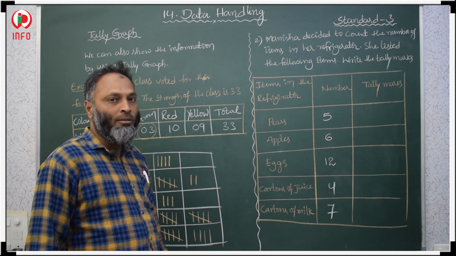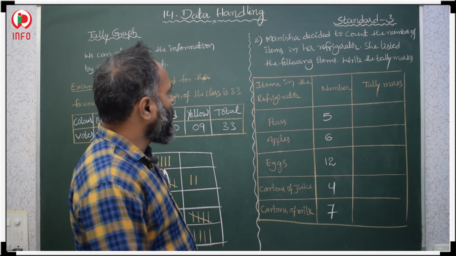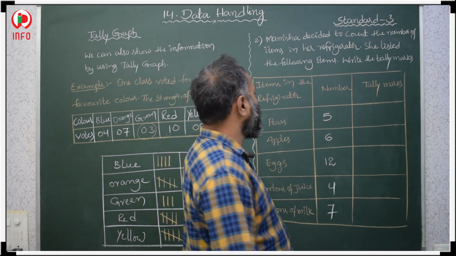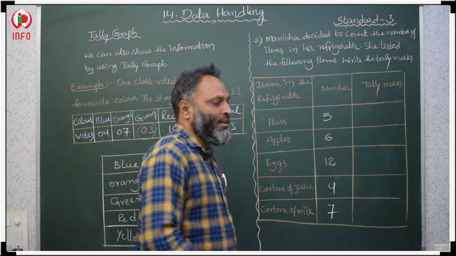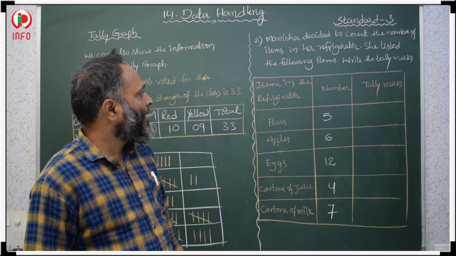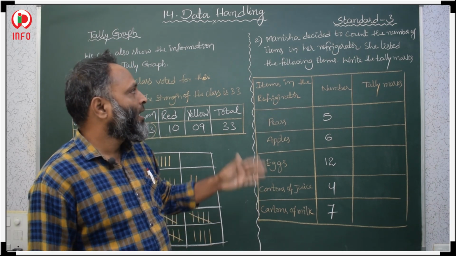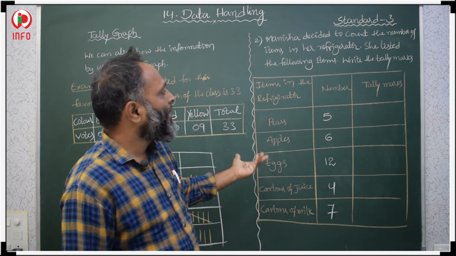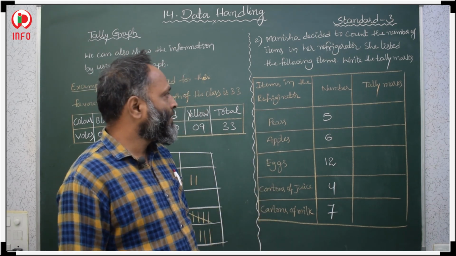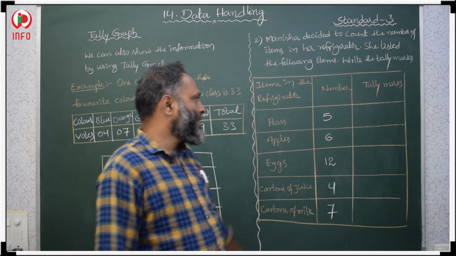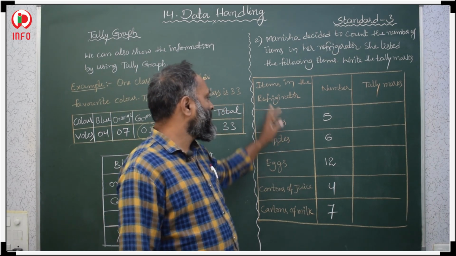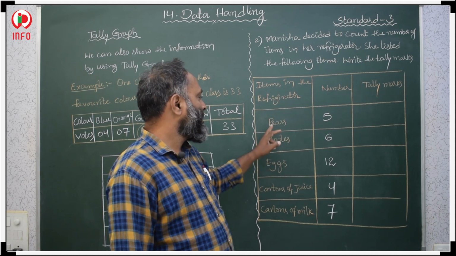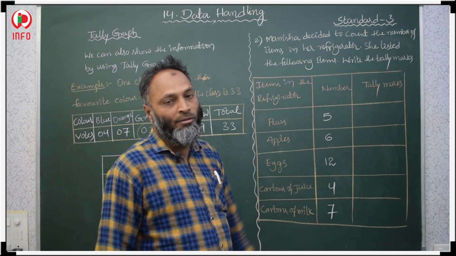Now in the second question, Manisha decided to count the number of items in her refrigerator. She wants to count and make a list like this, the items in the refrigerator and their numbers. Pets, how many? 5.